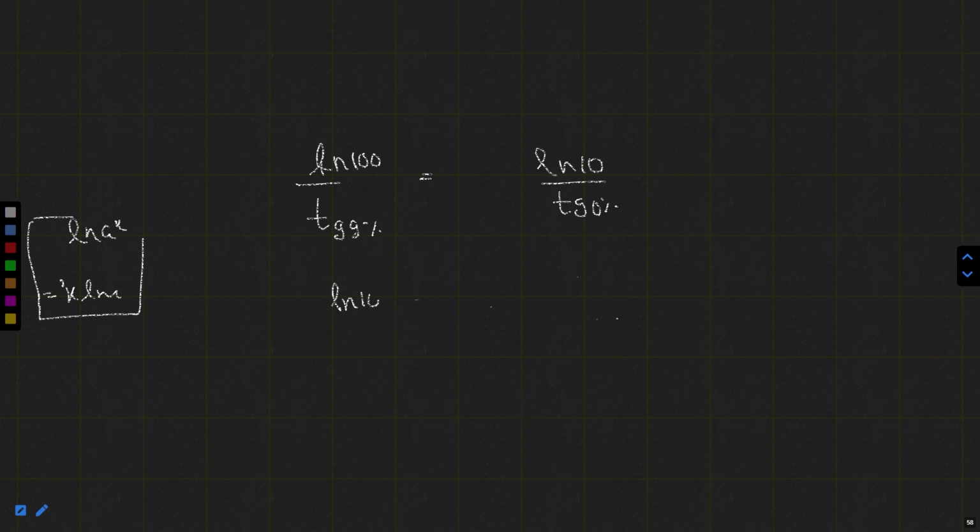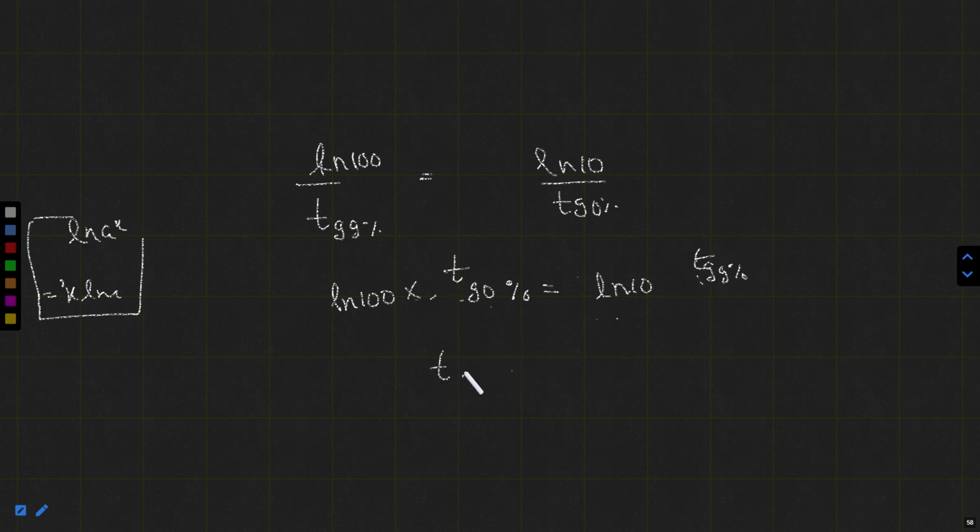So ln 100 will be multiplied by T90% is equals to ln 10 multiplied by T99%. If I bring this here, so T99%, not ln.